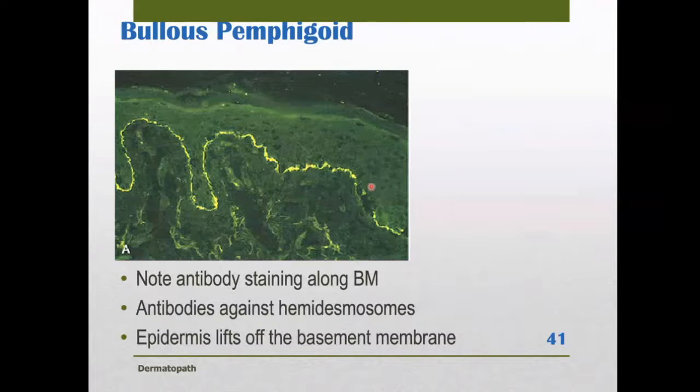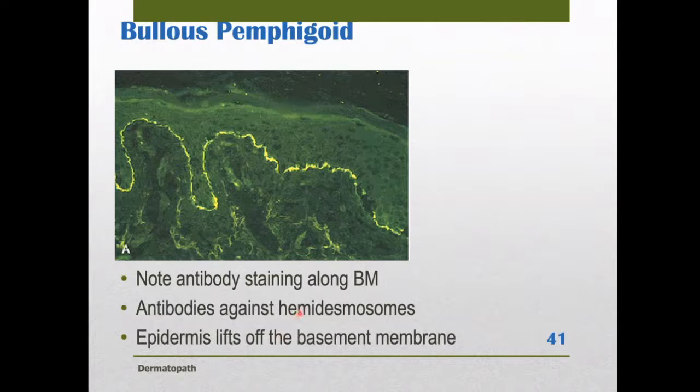If you do immunofluorescence, again, as I said, the yellowish staining is the positive of the lesion. So it means there are antibodies here against the hemidesmosomes which attach the epidermis to the basement membrane. The antibody staining is along the basement membrane, and these antibodies were targeted against hemidesmosomes.